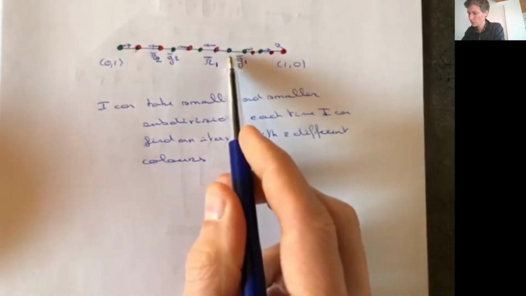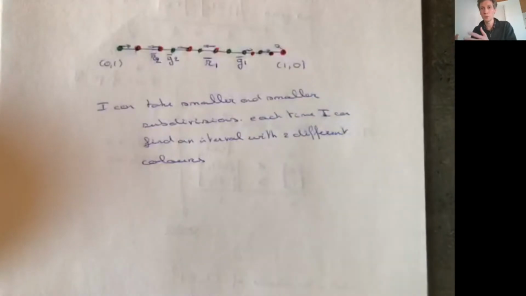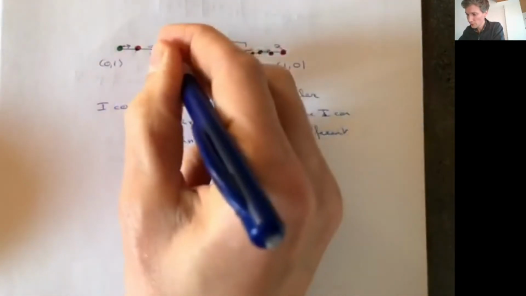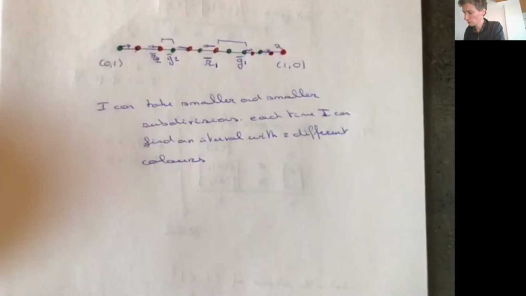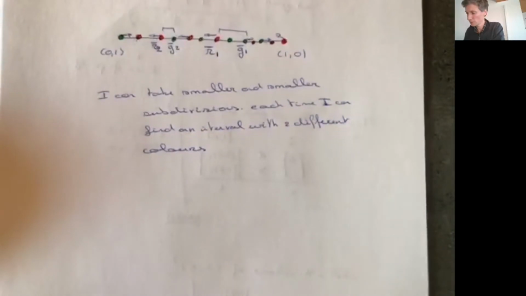So you see that this interval was first here and then here, so they can move around on the line, right? We don't require them to be close to each other or anything. We only require that this was first a bigger interval, and now we have a smaller one, right? So each time you will have a smaller and smaller interval. And the colors at both ends of these intervals are different.